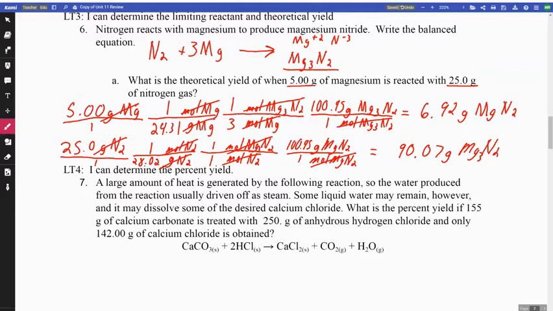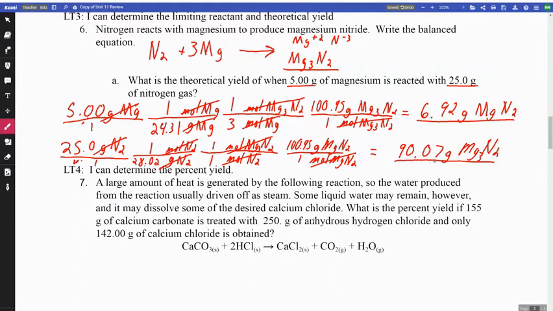Okay, so both of these are the maximum amount of product that can be produced given these two starting points. So if we have 5 grams of magnesium, the most magnesium nitride we can make is 6.92 grams. If we are given 25 grams of N2, the most magnesium nitride we can make is 90.07.